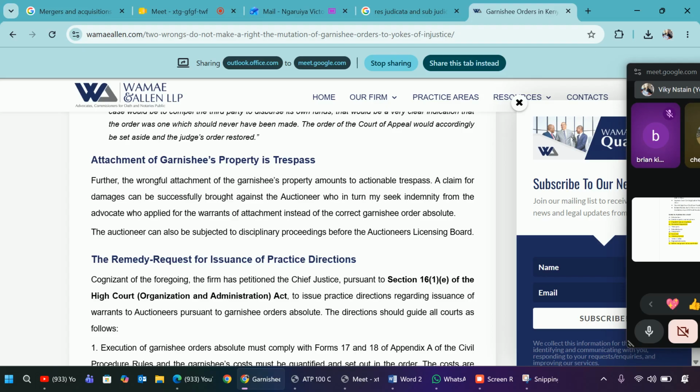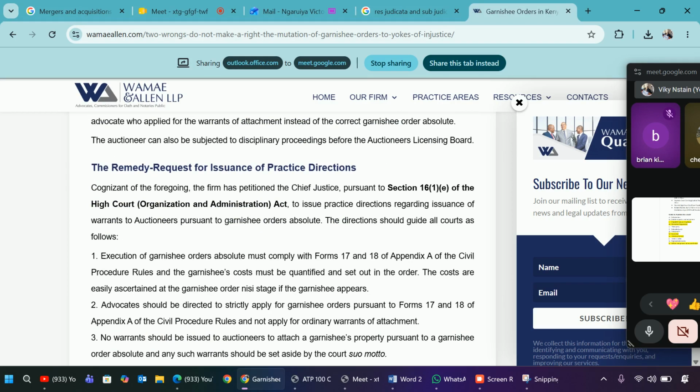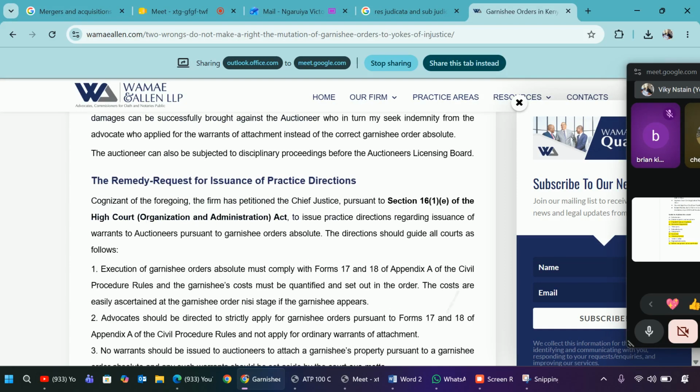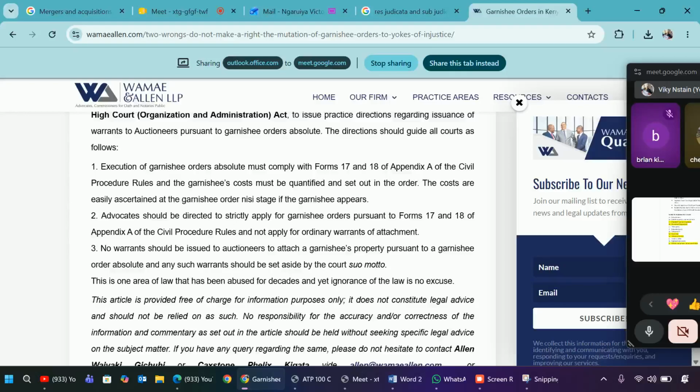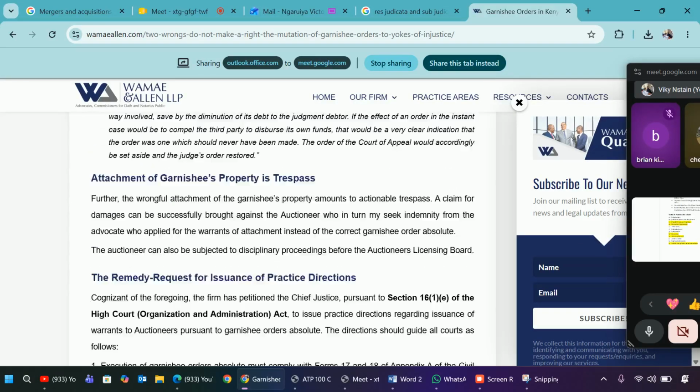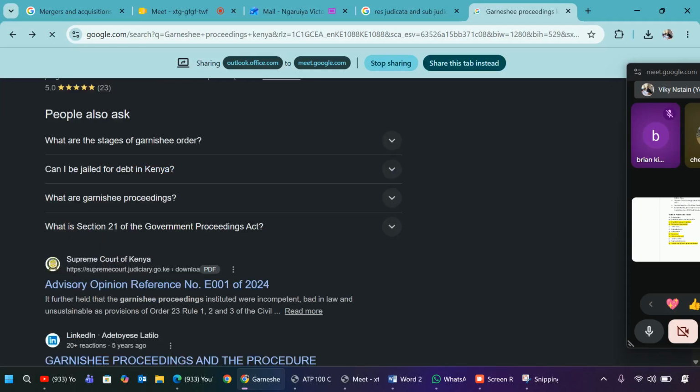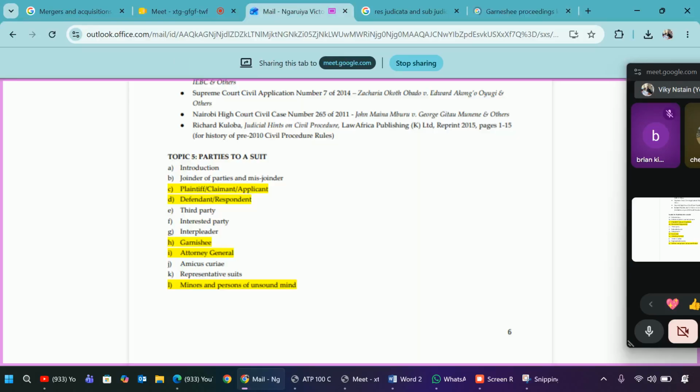The auctioneer can also be subjected to disciplinary proceedings before the auctioneers licensing board. So you have to apply for garnishee absolute. We have seen the various stages of this procedure, and we are satisfied.